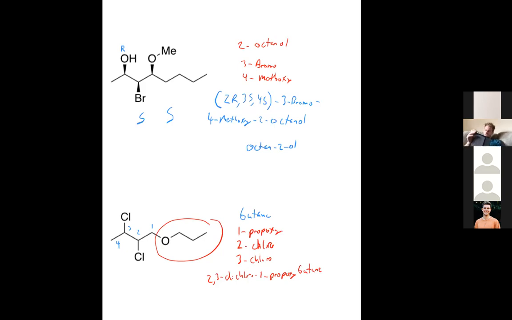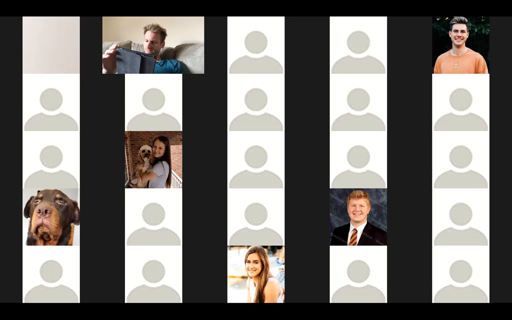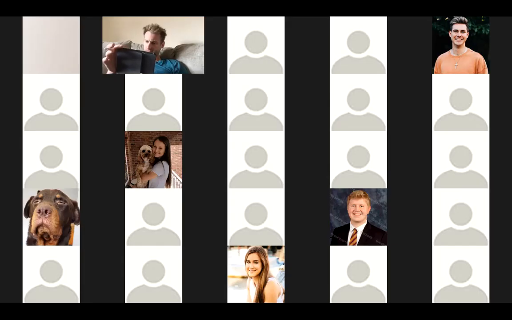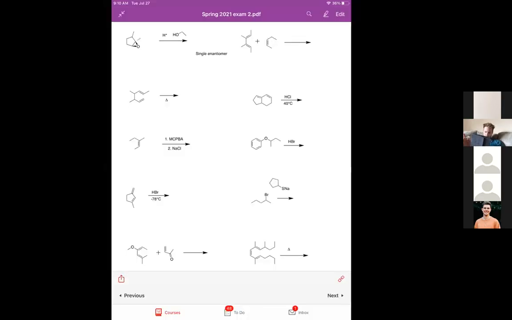All right, we're going to move on to the next page, which we're basically just going to cross out. We're not going to do NMR in this exam. Where'd my pen go? There it is. So crossing out this page, instead we'll do another mechanism page from chapter 12. Let's see, did we not do any of these?